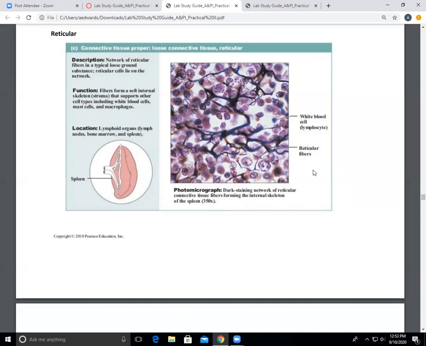So when I said earlier, you would have to know specific tissue, big category, subcategory: CT proper, connective tissue proper, fluid, supporting. Connective tissue proper has some more headings underneath it, but we're not going to worry about that too much right now.